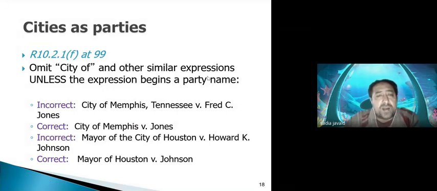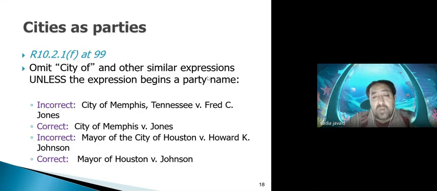The next one is R10.2.1(f) at 99. Omit City of and other similar expressions. These are the rules that we are going to discuss while covering the Bluebook style, in which way you have to express things and their significance.